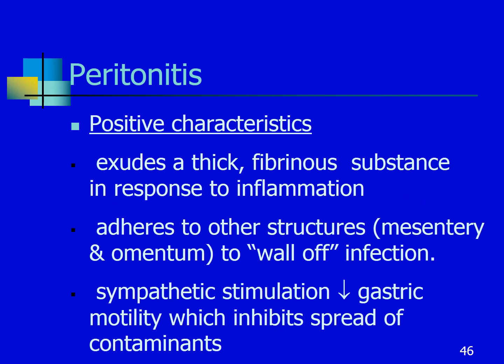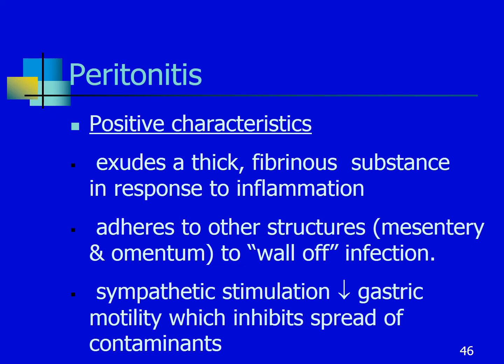Next slide. So there are some positive characteristics of peritonitis. What you see is that the positive characteristic exudates thick, fibrinous substances in response to the inflammation. Things adhere to other structures.